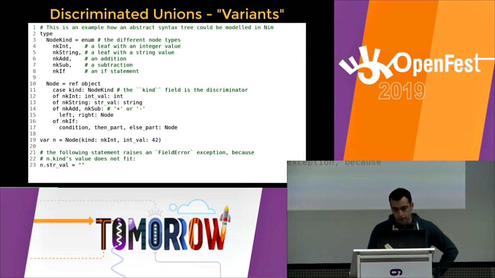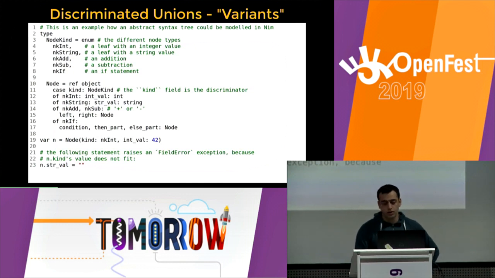So here in the middle of the slide, we're saying that we have a node type, which, depending on the kind, which is the node kind enumeration, if it's an integer, it has an integer value. If it's a string, it has a string value. If it's adding or subtraction, then it has left and right nodes.